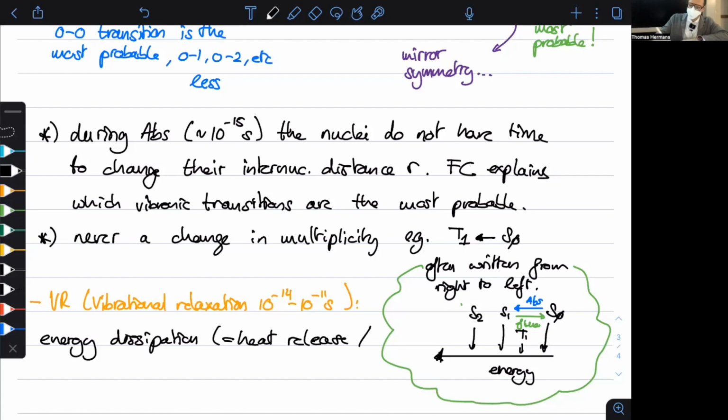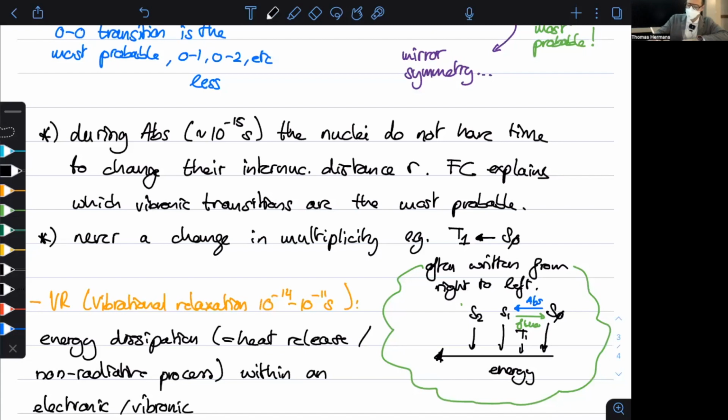Or if you want to say it even more technically, it's a non-radiative process within an electronic or vibronic state.